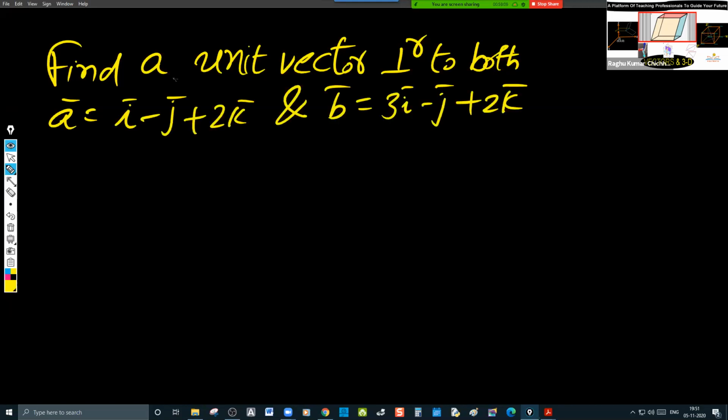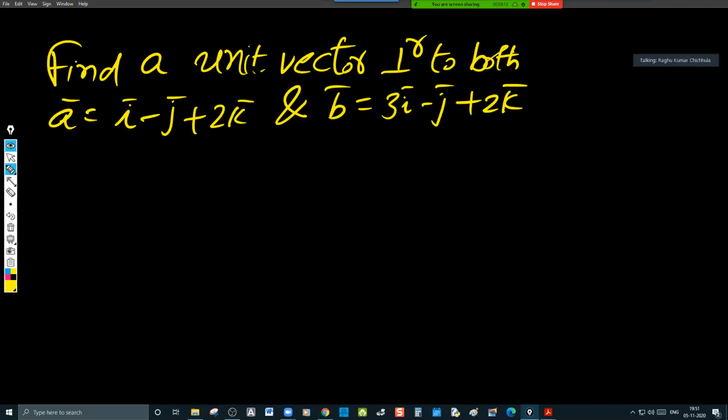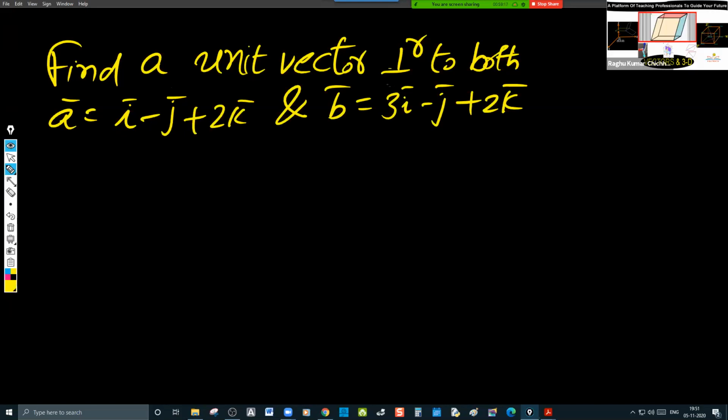Whenever you are given two vectors and you need a vector perpendicular to both, ultimately you have to find the cross product.